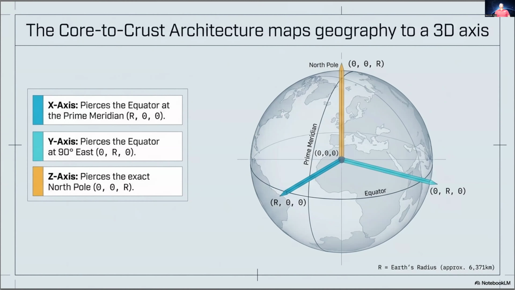And we call the North Pole, where Z is R, and the South Pole, where Z is minus R. And the meridian on the other side of the Earth is X equals minus R. This is very important to understand about the coordination, especially we need to figure out XYZ.